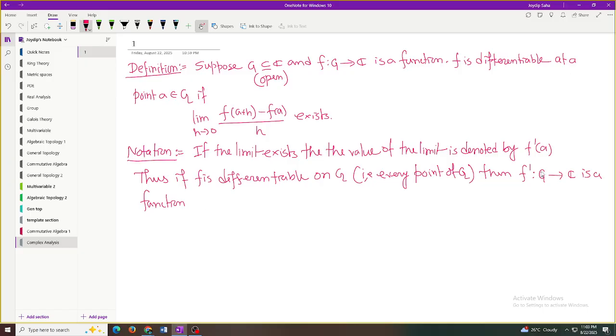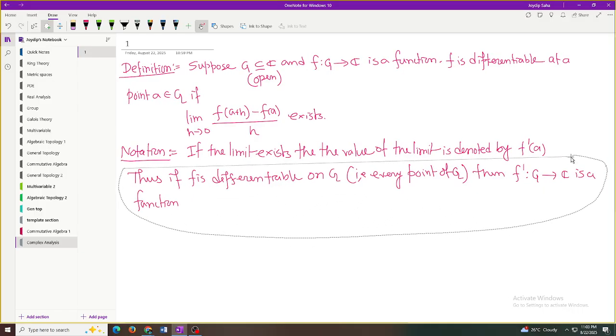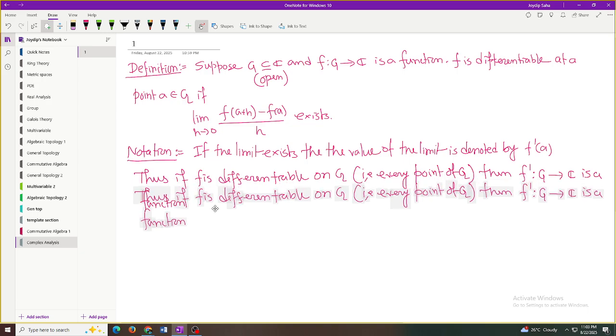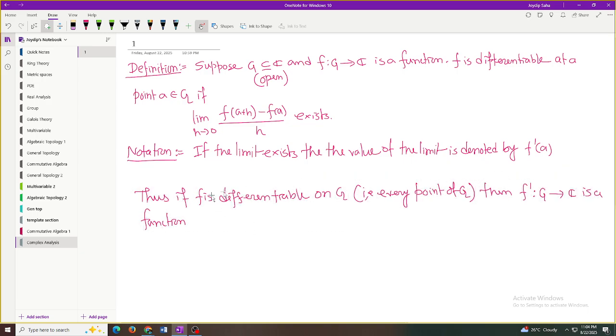This is notation and this is another paragraph.